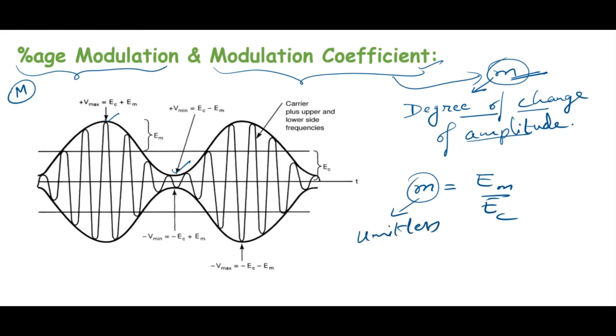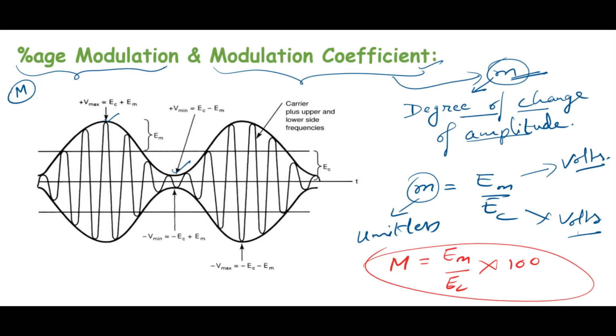Em and Ec we know are in volts, since amplitude is generally denoted in volts. And for percentage of modulation, we multiply by 100, so that is nothing but the percentage modulation.